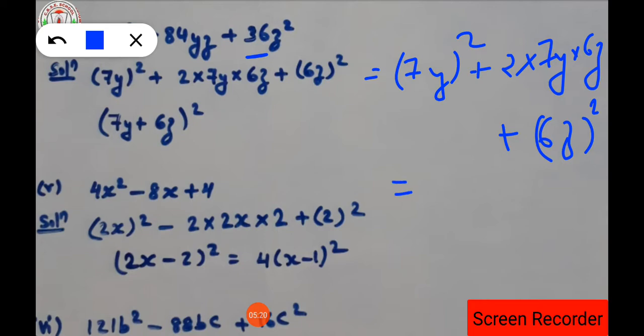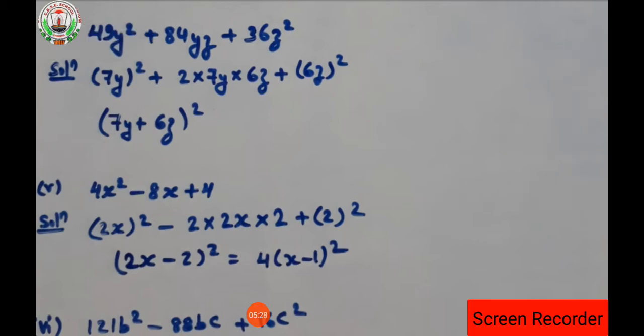Okay, remember that thing. So (7y + 6z) the whole square is the required answer. In the same way, 4x² - 8x + 4 is there. So 4x² means (2x)², minus 2 comes from the identity into 2x. What is the value of A we are having?